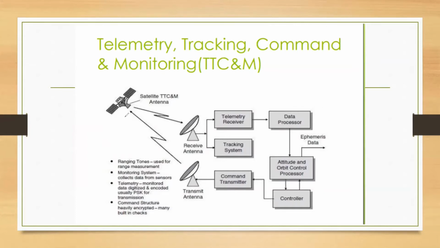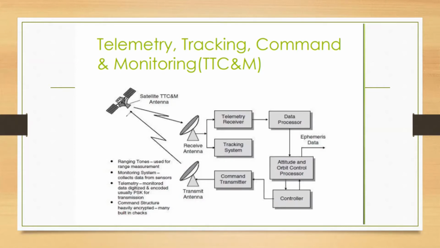So the satellite, as I told you that day, has a telemetry which consists of various sensors sensing the various parameters on the satellite, which could be current, fuel, power generation, the signal modulation, or the heat being produced.